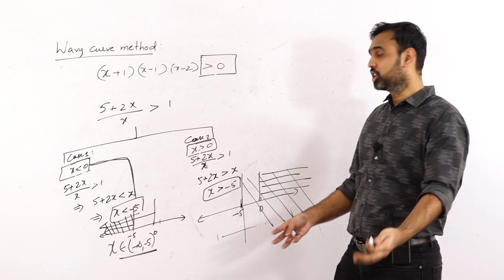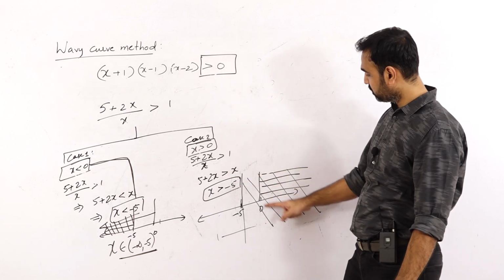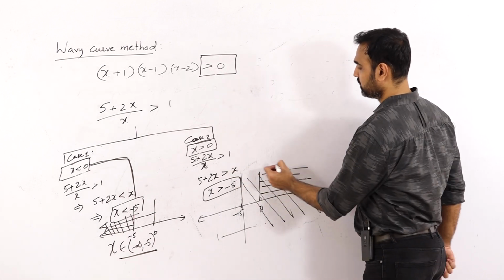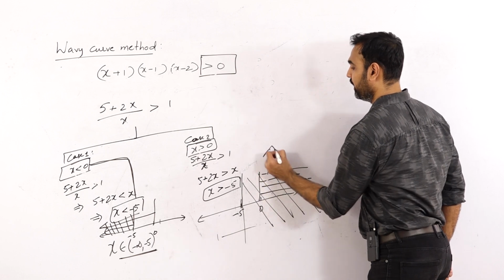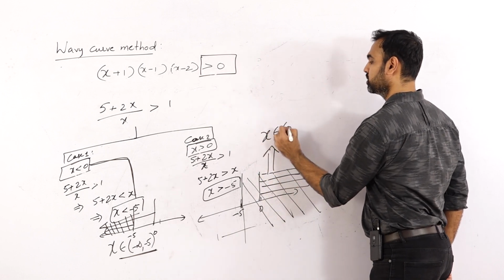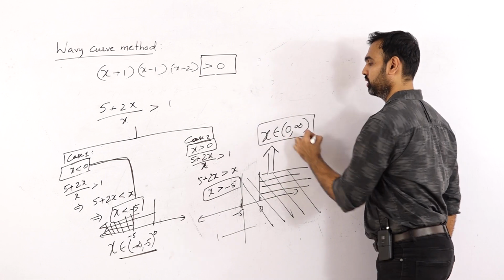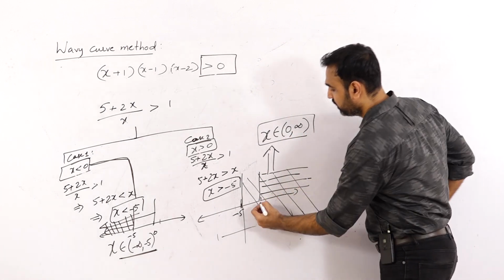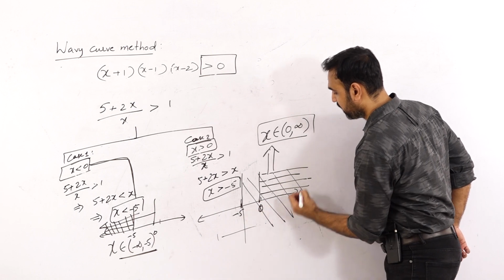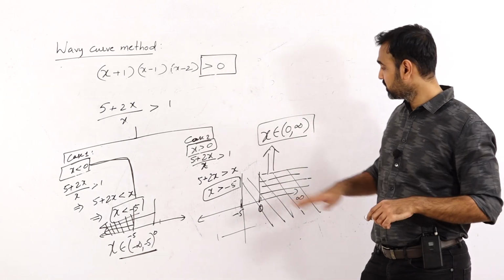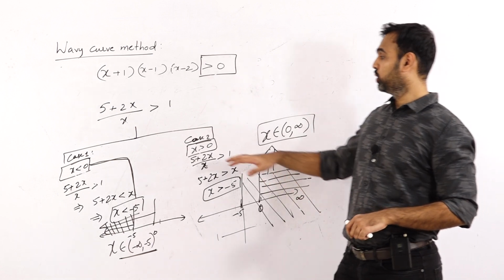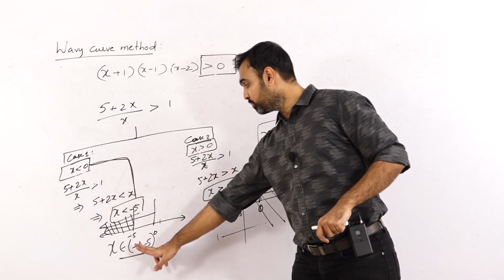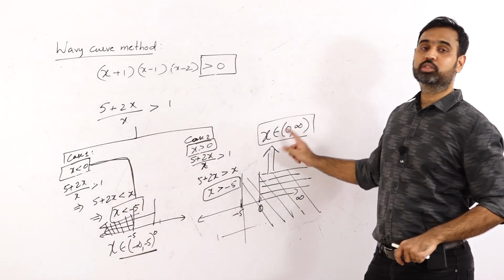So what is the intersection of both? This region is the intersection. So what is the answer? We can write x belongs to 0 to infinity, that is from 0 to infinity. So this is the value of x. Now we got two cases: x belongs to minus infinity to minus 5, and x belongs to 0 to infinity.